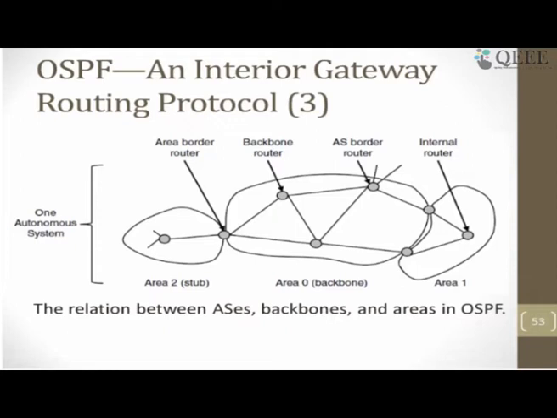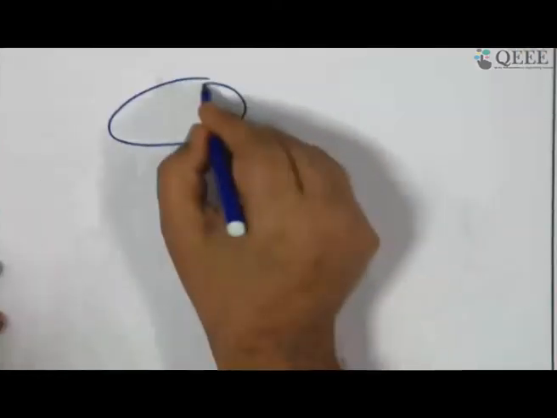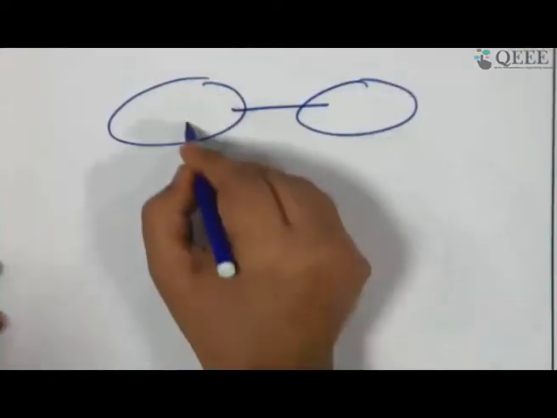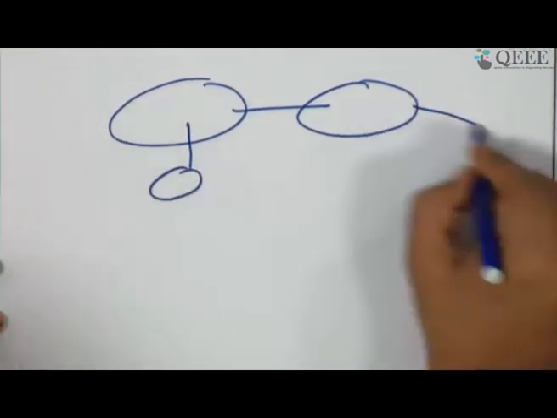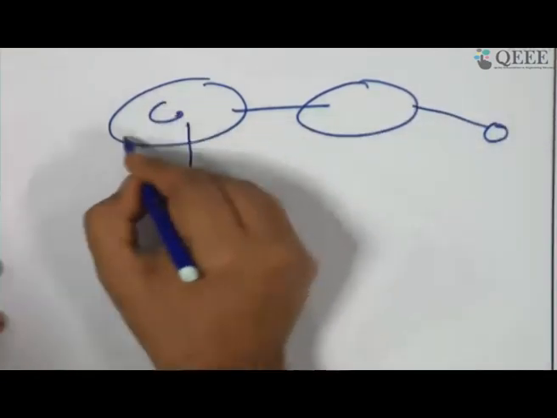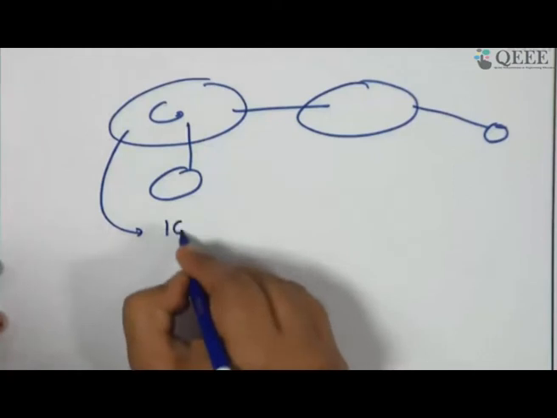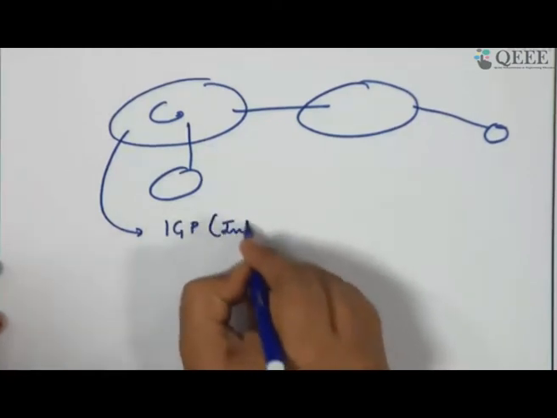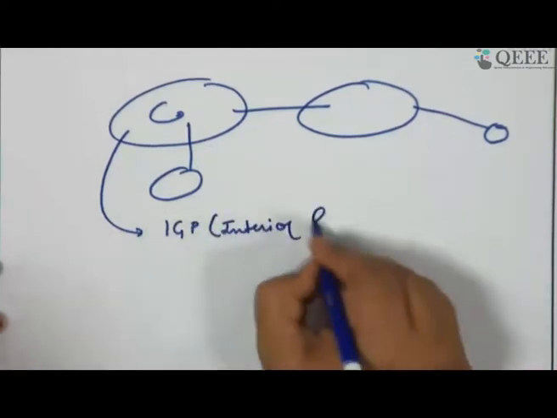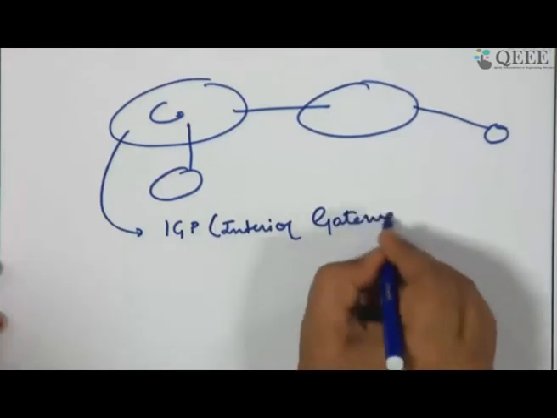Okay. So let us think carefully and write this down. You have autonomous systems getting connected throughout the internet, and within them you have the IGP, the interior gateway protocol.